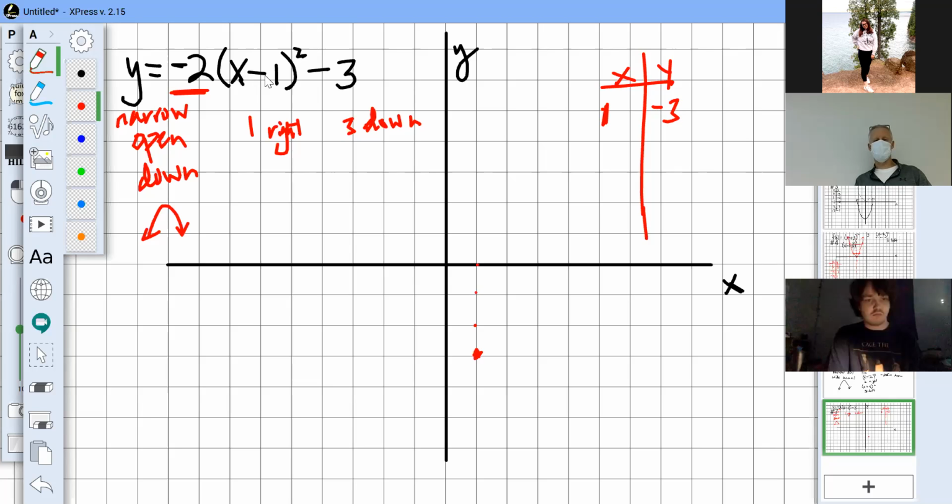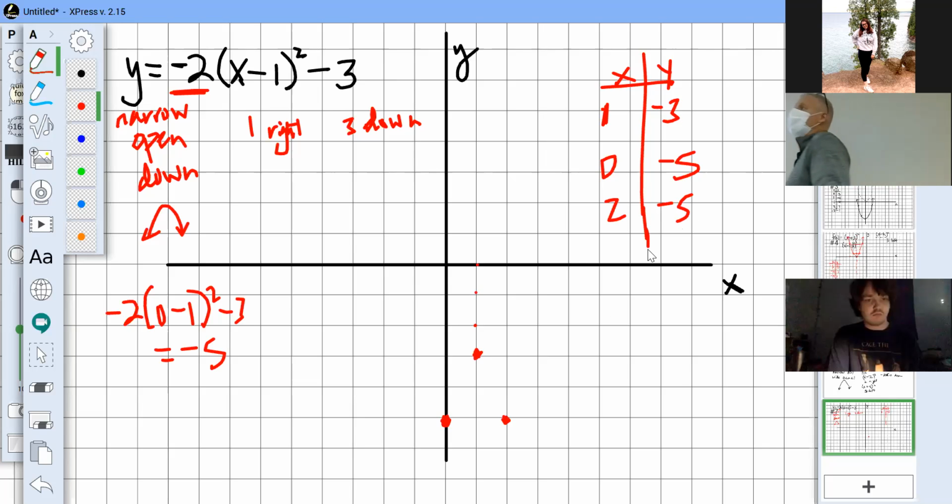If I put in 0, that makes it -1 squared, which is 1, times -2 is -2, minus 3 is -5. So 0, -5, you just got to go through the arithmetic. I went -2 times 0 minus 1 squared minus 3, and that turns out to be -5. There it is.